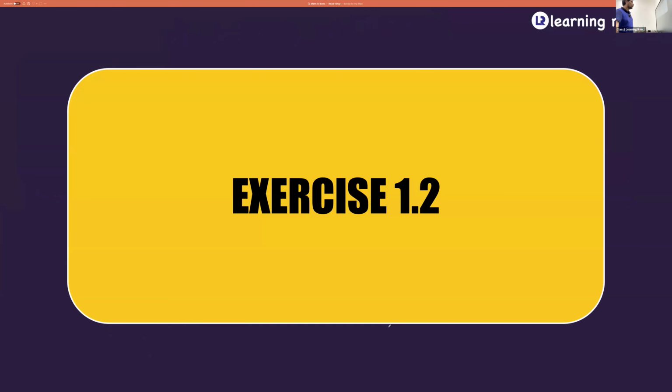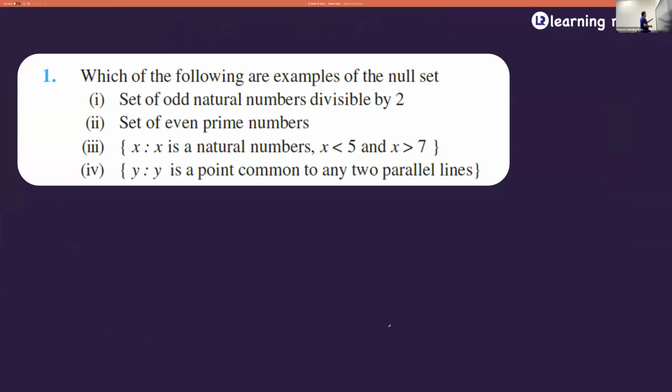So exercise 1.2. We will do 3 to 4 problems and then we'll wind up. So which of the following are examples of null set? Set of odd natural numbers divisible by 2: it is obviously not possible.